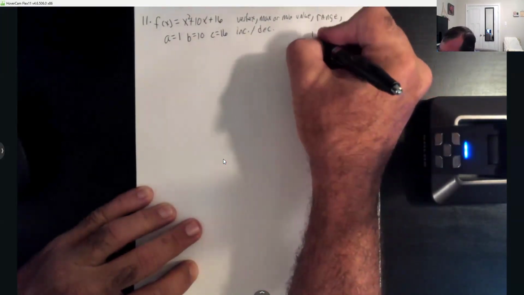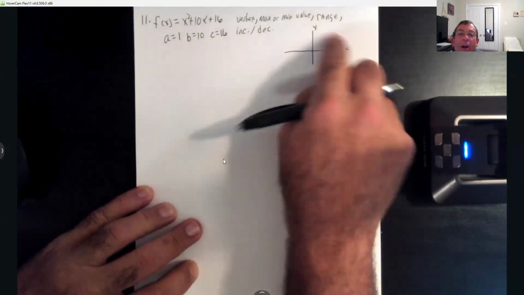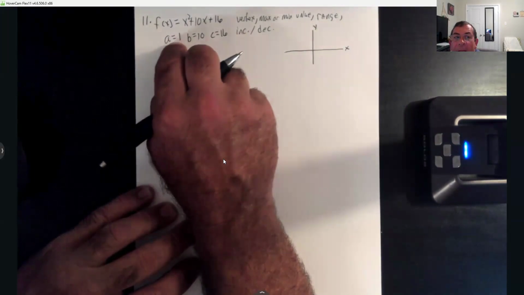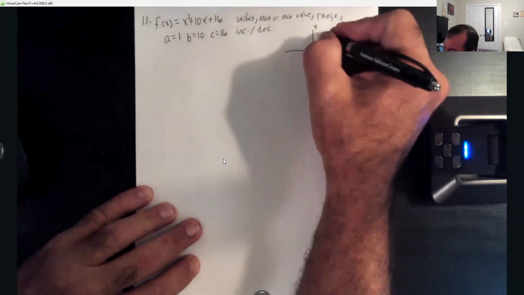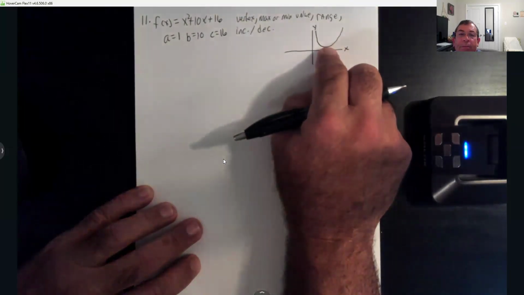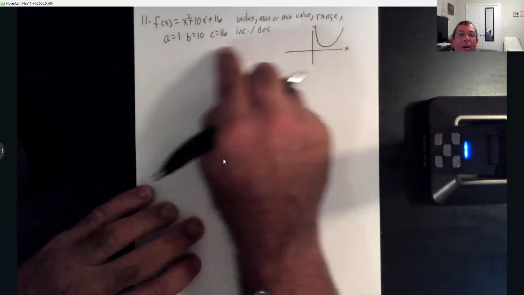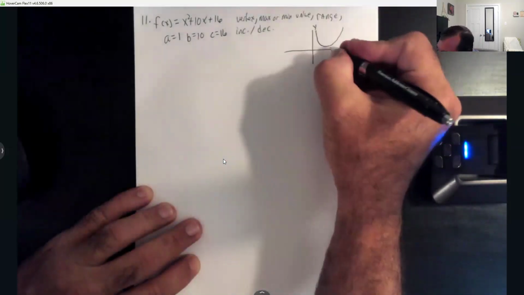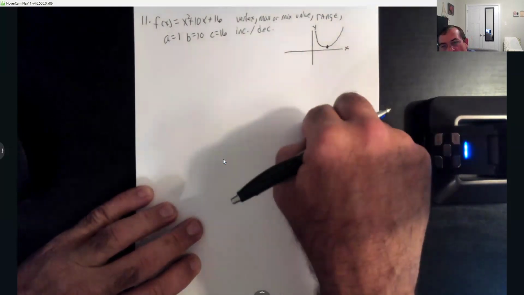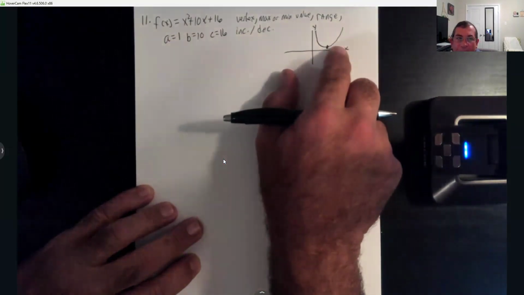Now, y'all, I don't know where this parabola is going to be, but I know that since that A is positive 1, anytime the A is positive, your parabola is going to look like a U. It might be down here, it might be moved over here, it might be moved over here. But no matter what, if A is positive, you're going to have a minimum. If this A was negative, it would flip it over and you would have a maximum, okay? But as long as it's positive, you got a minimum.